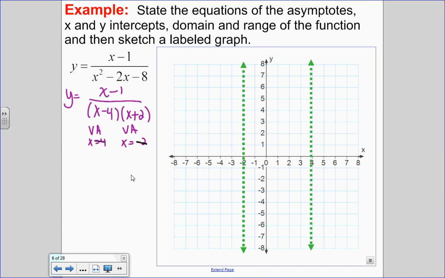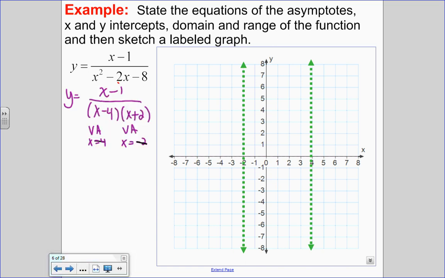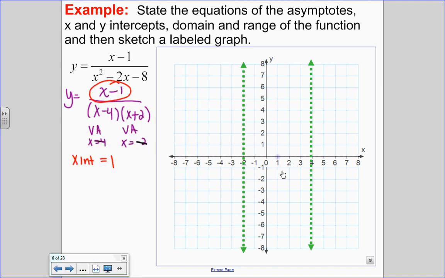Okay, looking at the numerator, I can see that if I set this equal to 0, I have an x-intercept at 1. So I can plot that x-intercept at 1 right there.